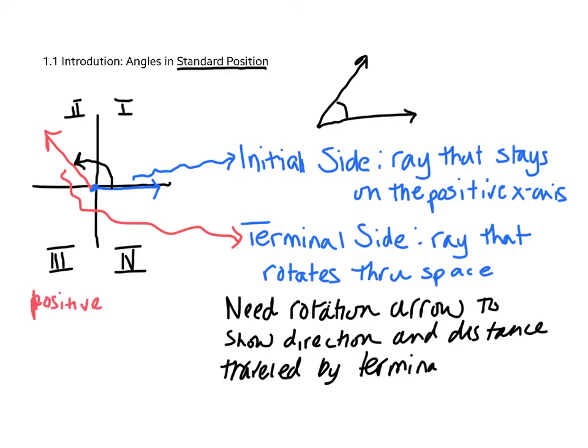So they go counterclockwise. I always remember it as they go up from the x-axis, because up is positive to me, right? You're thinking about the y-axis, above the x-axis is positive. And then negative angles rotate down.